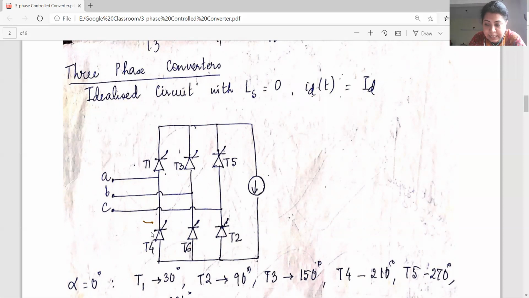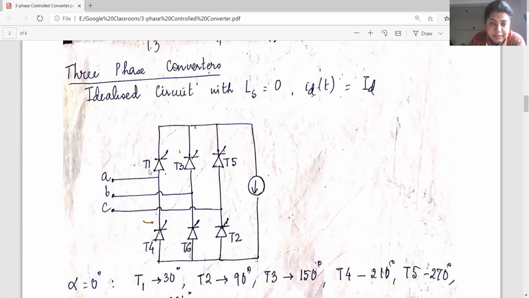This is an idealized circuit with LS, that is source inductance, equal to 0, with output voltage VDT equal to ID, that is constant. Now we have 6 thyristors named as per the sequence of their operation.